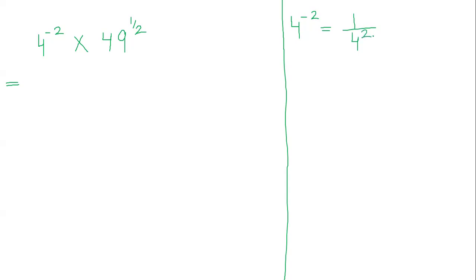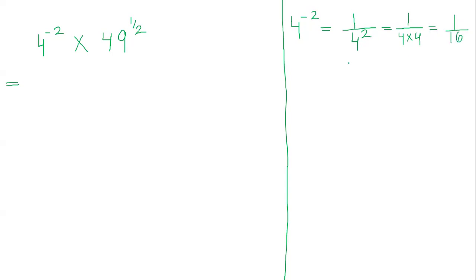That's correct. 1 over 4 squared. What is 4 squared though? 4 squared would be 16. Very good. 4 squared is 4 times 4, which is equal to 16. So 1 over 16. Very good.